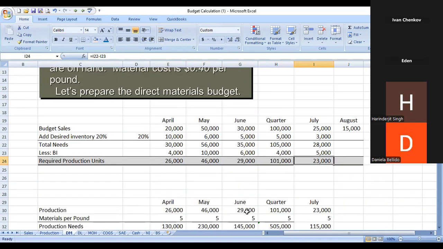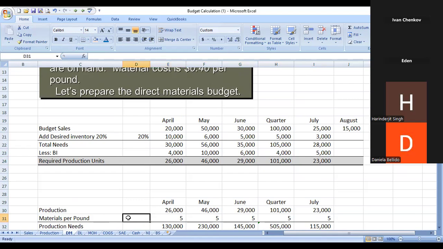Once we get that, that will be our starting point, the production. Once we get the starting point, the next thing that we have to incorporate is how many pounds of material we need for one product.